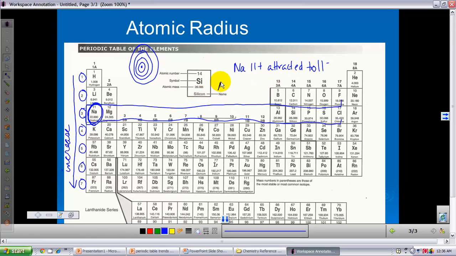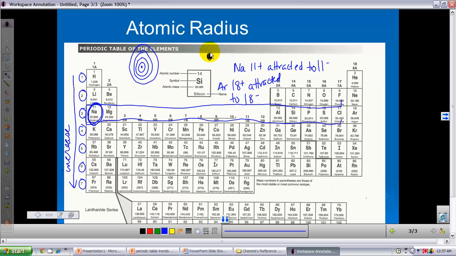However, when you look at something like argon, it has 18 protons attracted to 18 electrons. When you have more protons and electrons, that attraction becomes very strong. So therefore, it pulls the atom inward so that the shells come closer.